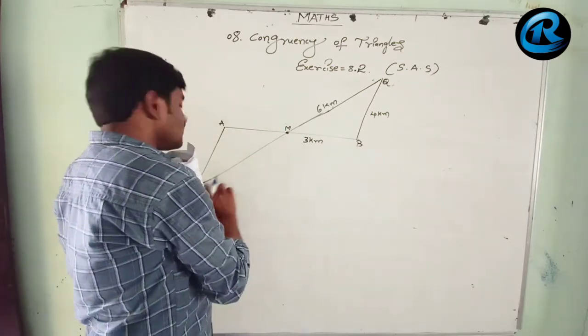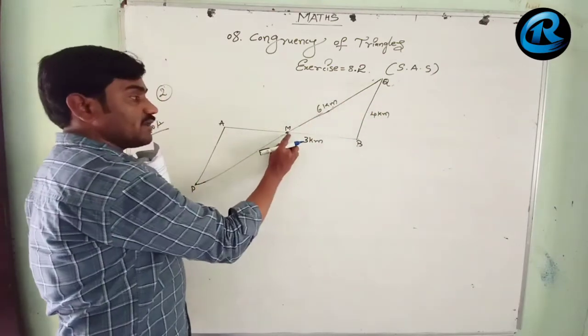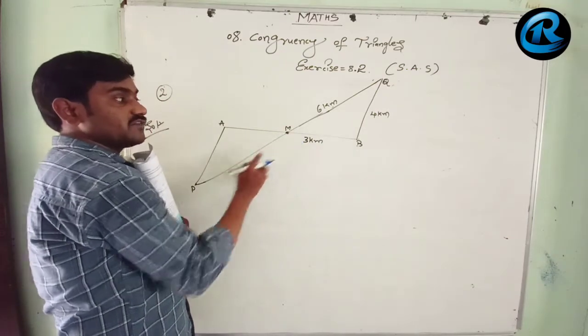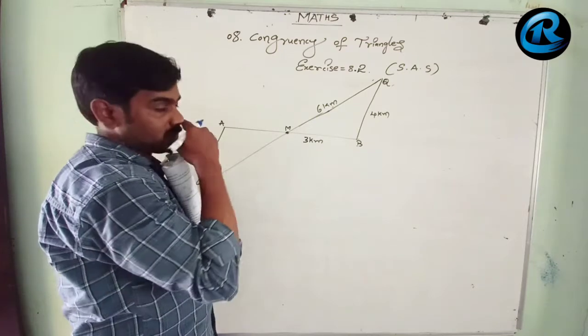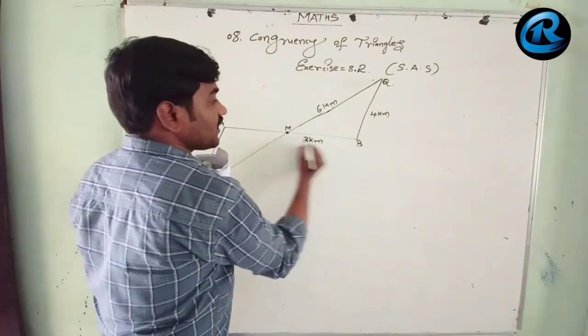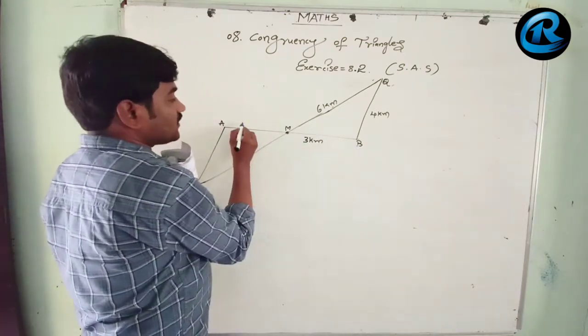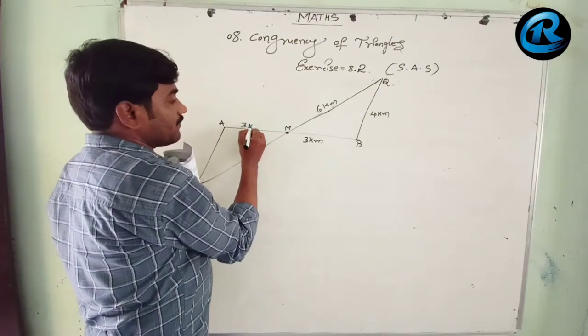And for P and Q also, M is a village exactly at half of the distance. That means the distance from M to B is equal to the distance from A to M.